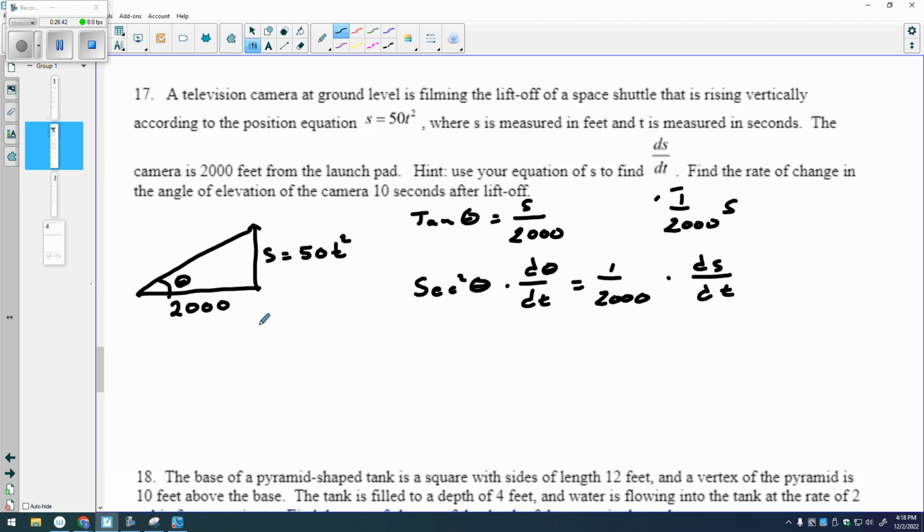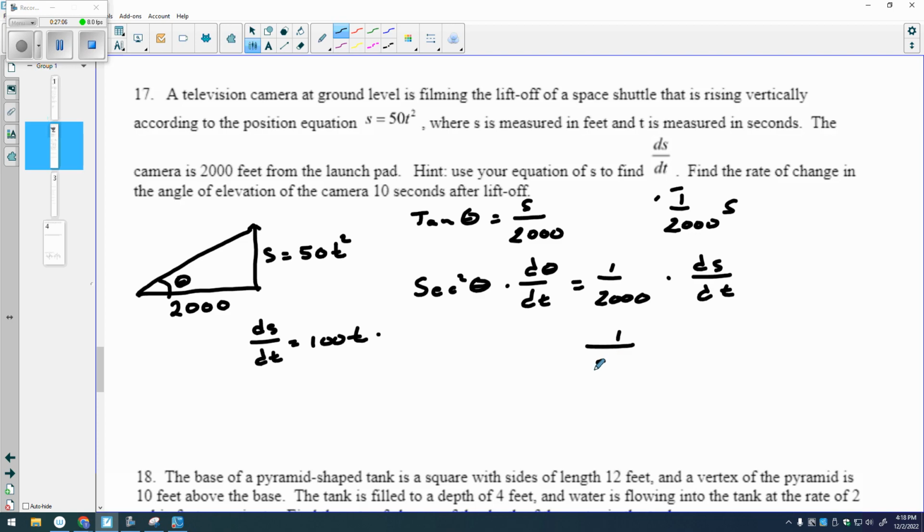So ds dt equals 100 t times dt dt, which doesn't make sense, or it does make sense. It's just 1. So let me stick it in right here.